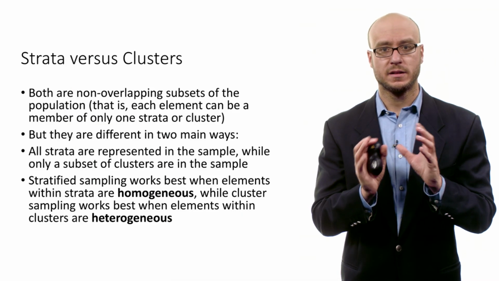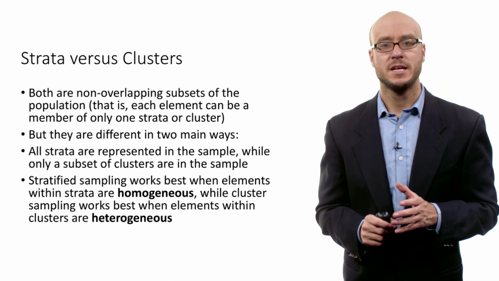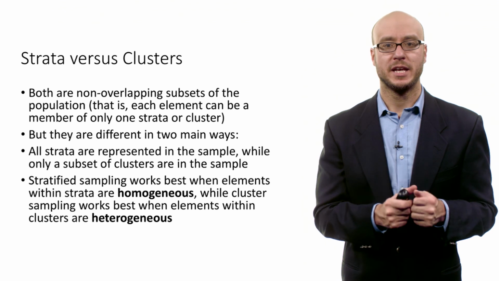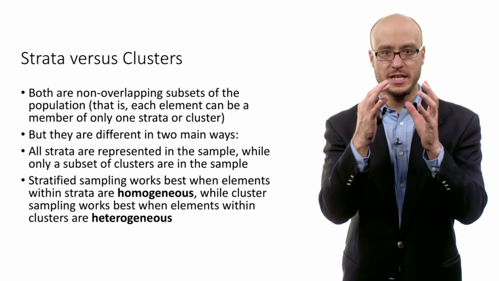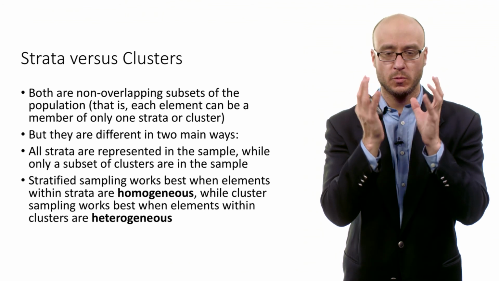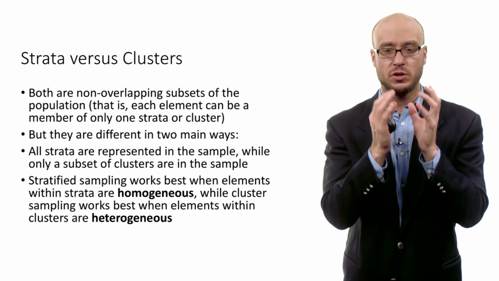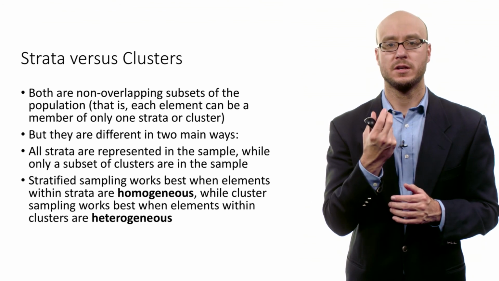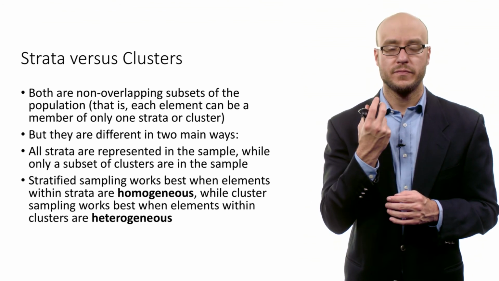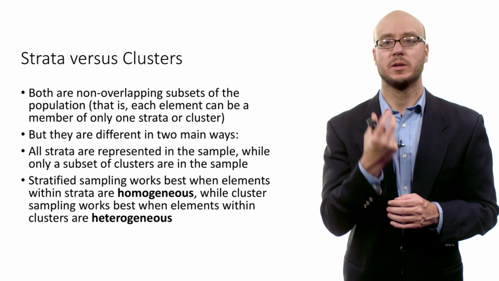As well, the difference between strata and cluster sampling procedures is that stratified sampling really works best when the individuals within each stratum, when these elements, are homogeneous. So if you have internally homogeneous strata, that is when stratified sampling works best.